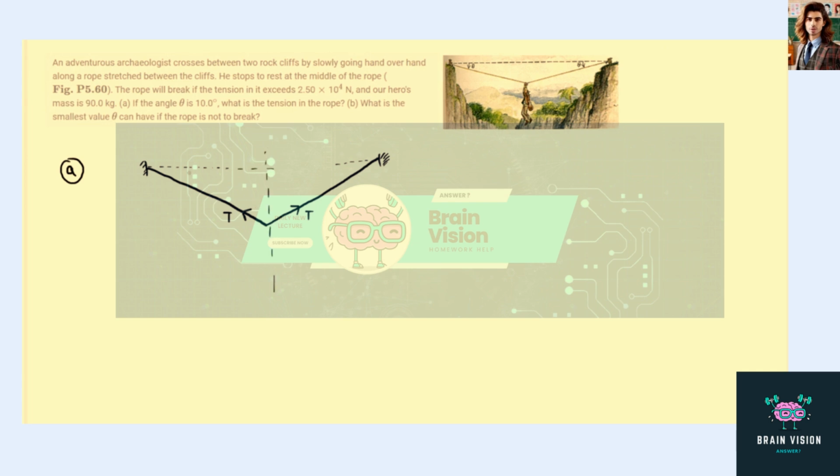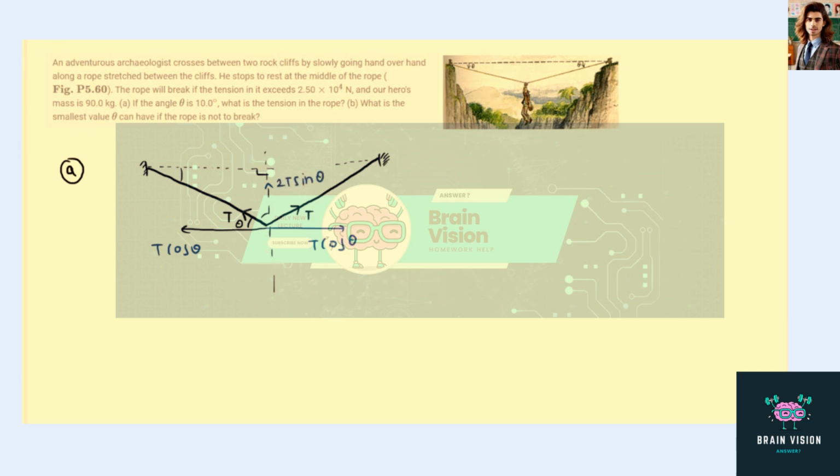This angle is theta, this is 90, so this is also 90 minus theta, so this angle is also theta. So if this is theta, then this got to be T cos theta, and this is also T cos theta, and over to the top we have T sine theta plus T sine theta, they will add up, so that's going to be 2T sine theta.